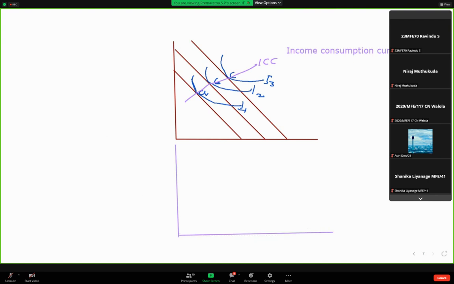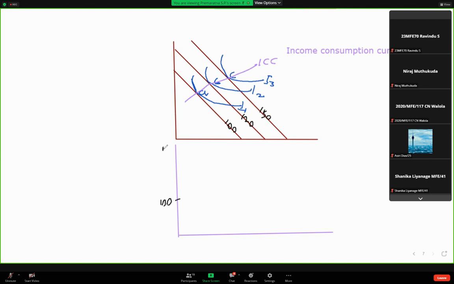Here, let's say these are different incomes: $100, 120, and $150.